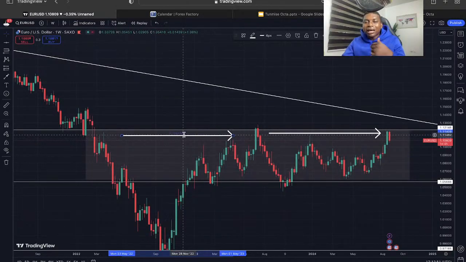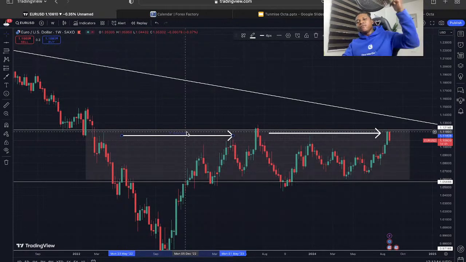So when the current candle gets to a level that the last 12 candles on a higher time frame like daily, weekly, monthly have not gotten to, there is bound to be a reversal.